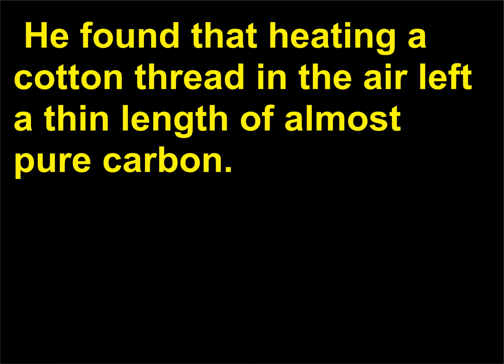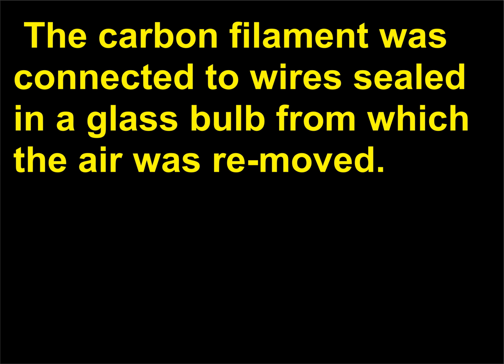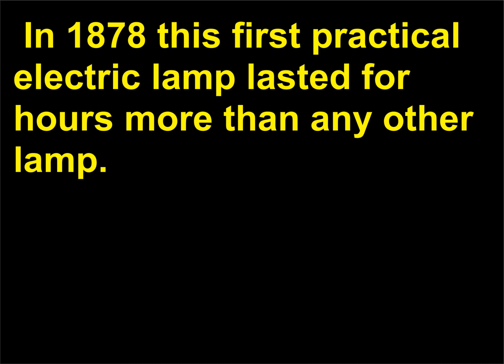He found that heating a cotton thread in the air left a thin length of almost pure carbon. The carbon filament was connected to wires sealed in a glass bulb from which the air was removed. In 1878 this first practical electric lamp lasted for hours more than any other lamp.